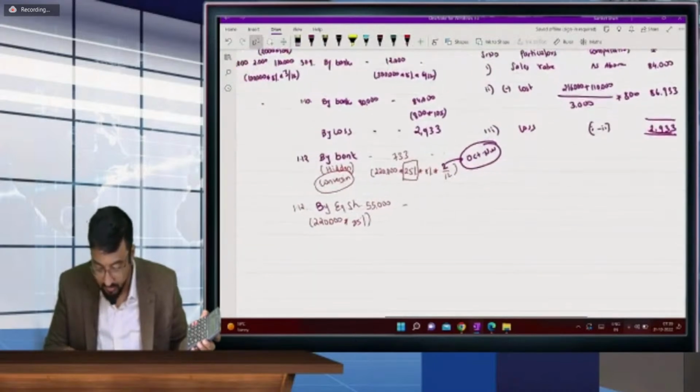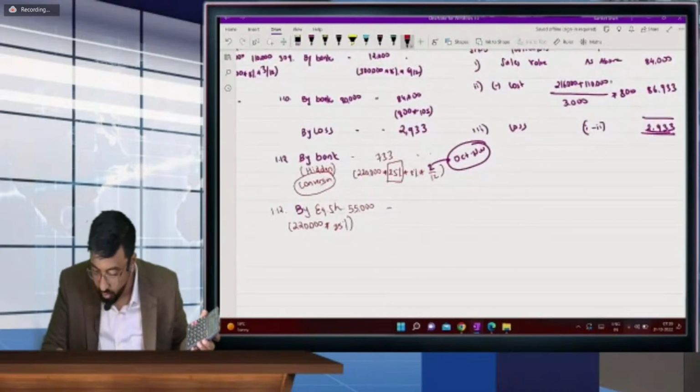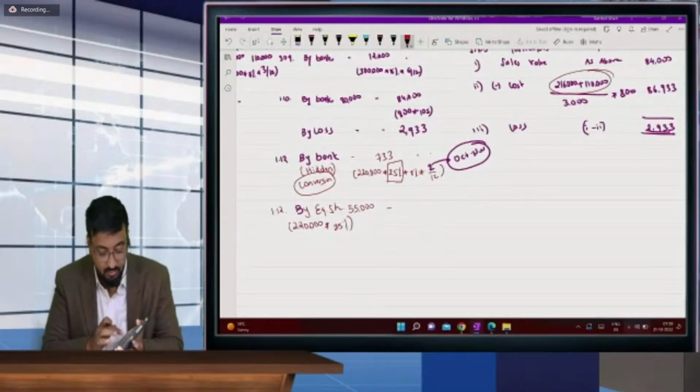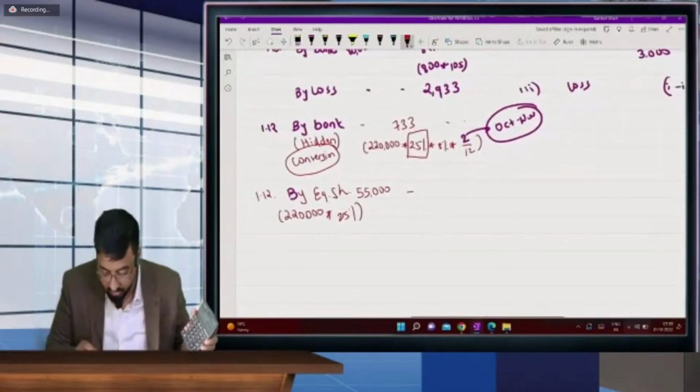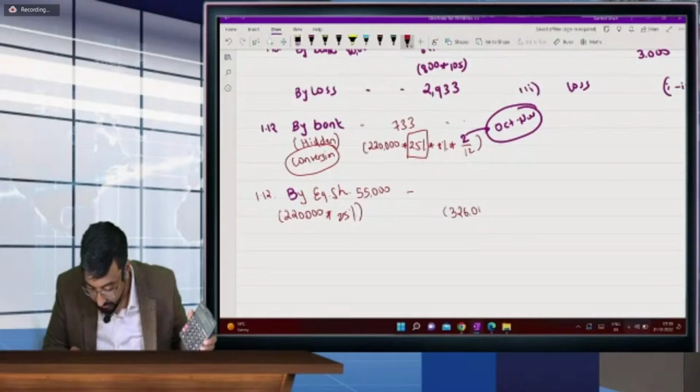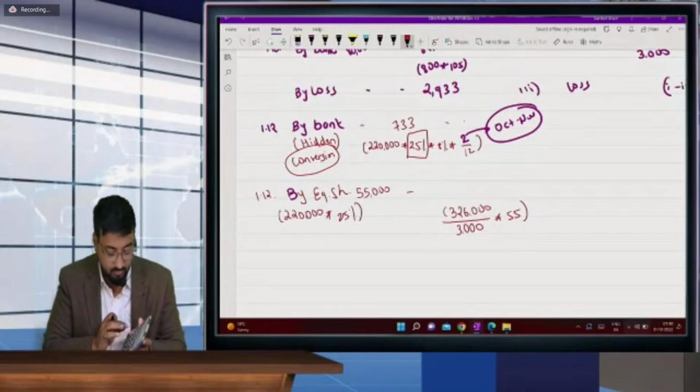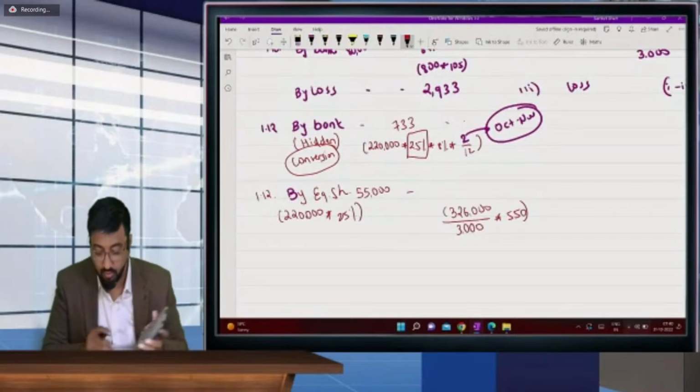Similarly, 2,16,000 plus 1,10,000 is a cost of 3,26,000. So 3,26,000 divided by 3,000 into 55,000. So you are getting converted into 550. Sorry, not 555, 550. So 3,26,000 divided by 3,000 into 550.